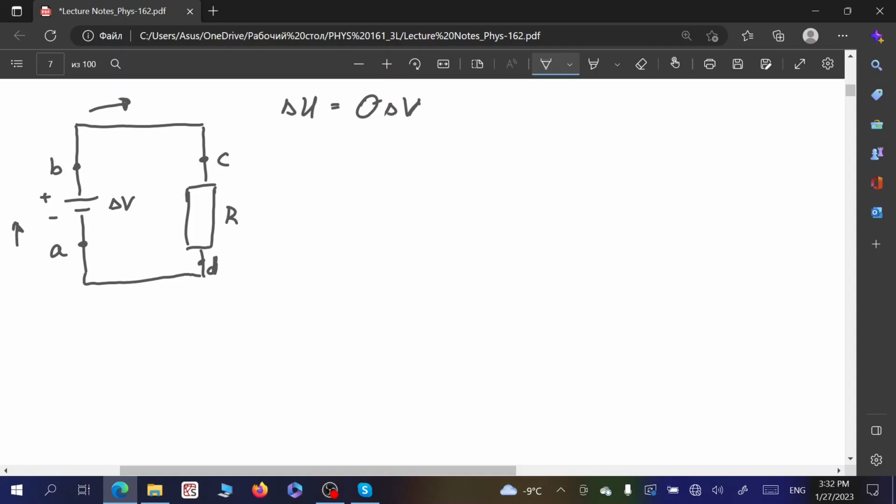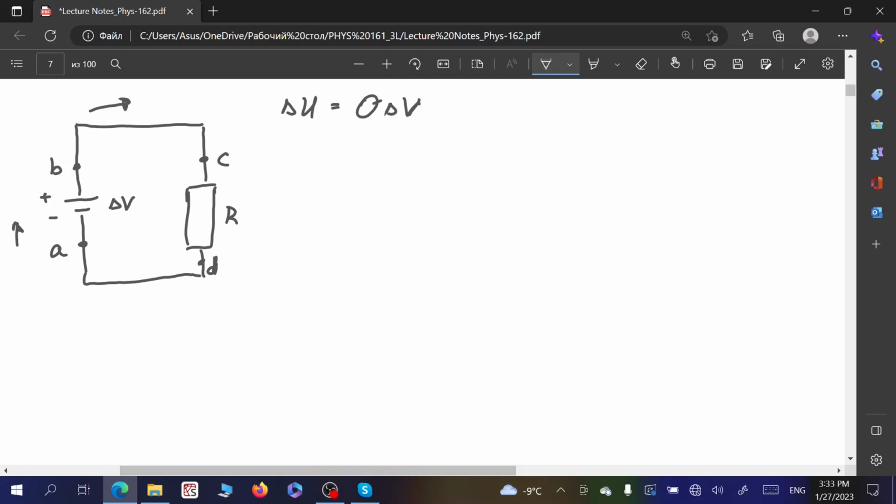So that's the mechanism by which electrical energy from the battery is transferred into heat dissipated in this conductor. So under steady state conditions we have equal input and output: the increase of potential energy of electric charges at the battery should be equal to the dissipation of energy on this conductor.